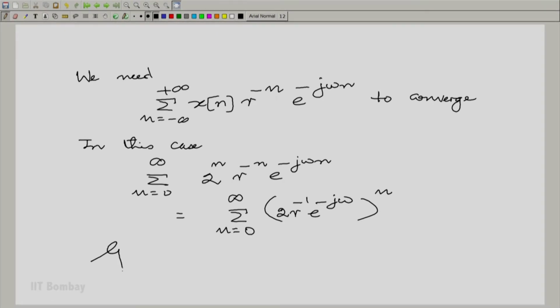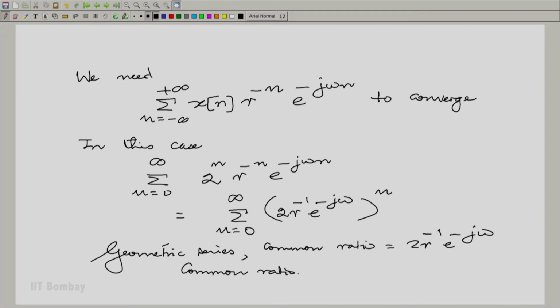Now, you can see this is a geometric progression. It is a geometric series of infinite length with a common ratio equal to 2 r^(-1) e^(-jω). And if you want this series to converge, the common ratio must have a magnitude less than 1.